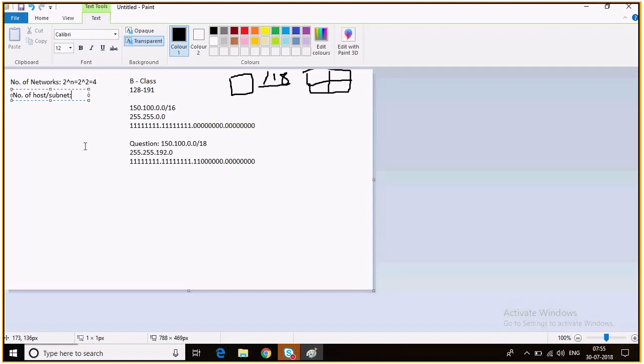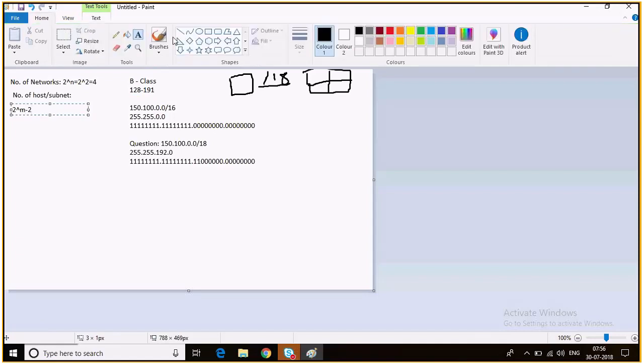So the number of hosts per subnet is 2 raised to power m minus 2, right? So what is m that I have? I told you I have to write it carefully, so I'll write it like this also, so that you don't get confused.